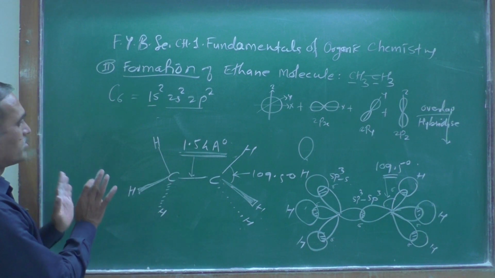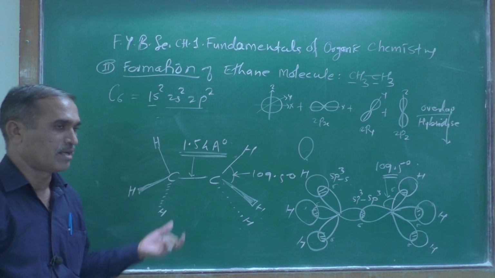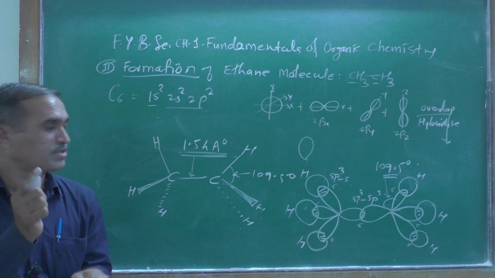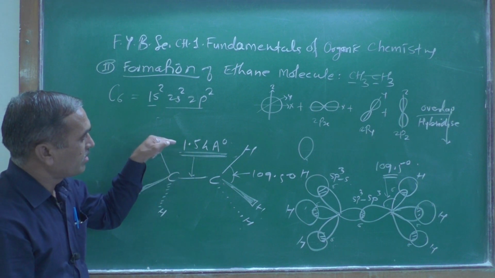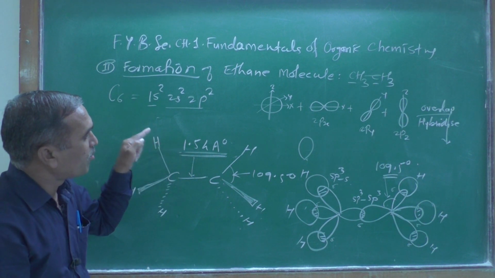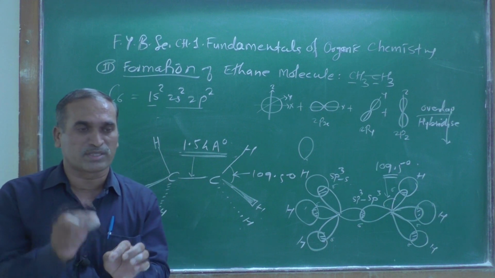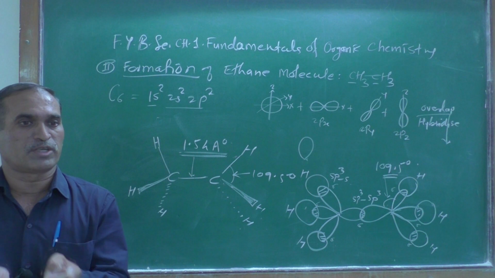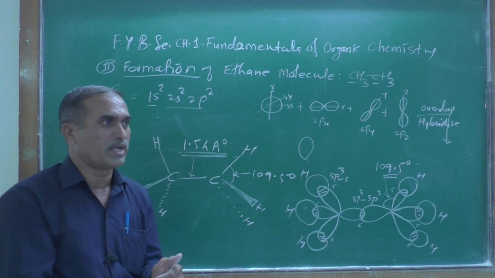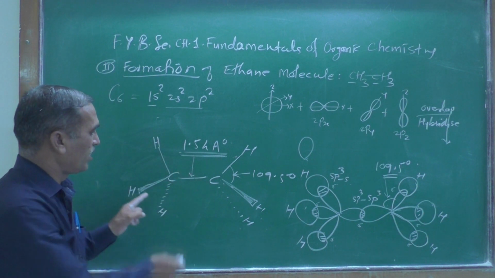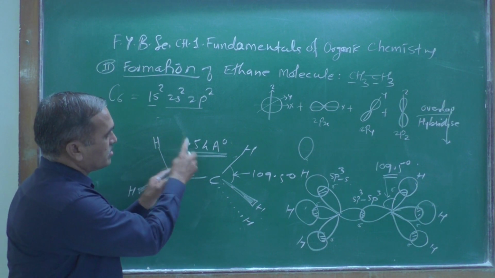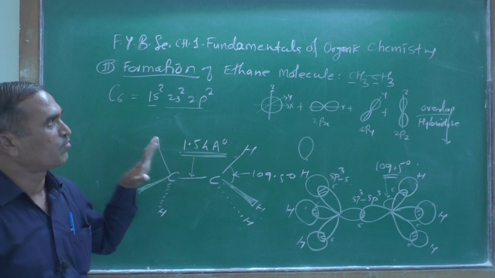Means whenever there is a carbon-carbon single bond, X-ray crystallographic diffraction experiment indicates that there is a bond length. Bond length means what? The distance between the two bonded atoms is known as a bond length. These are the two bonded atoms, and the bond length is found to be 1.54 angstrom.